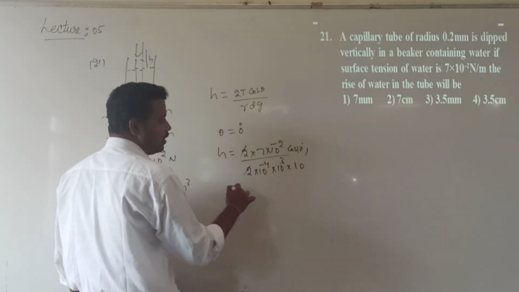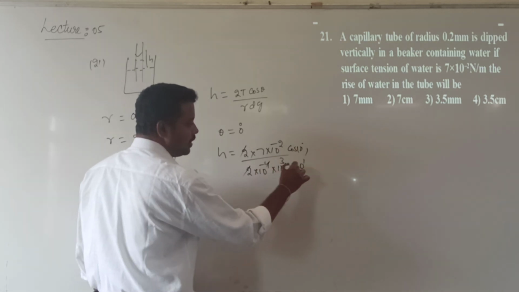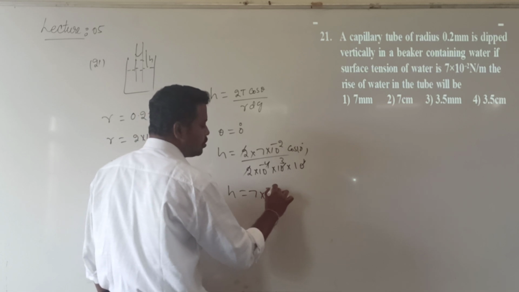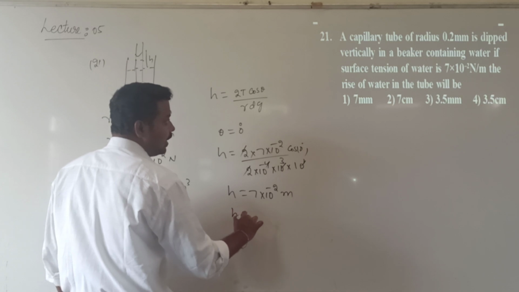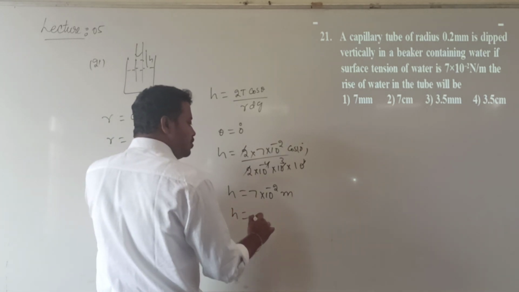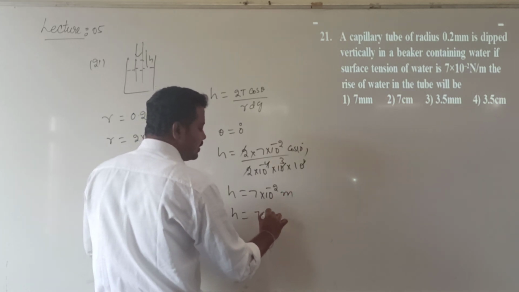So 2 cancels, 10 power minus 4 and 10 power plus 4 cancel, so this also cancels. Then what is left is 7 into 10 to the power of minus 2 meters. This can also be written as, since 1 meter is equal to 100 centimeters, 7 centimeters.